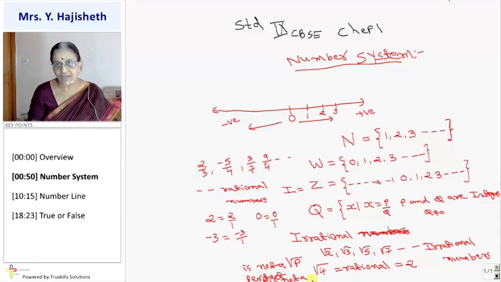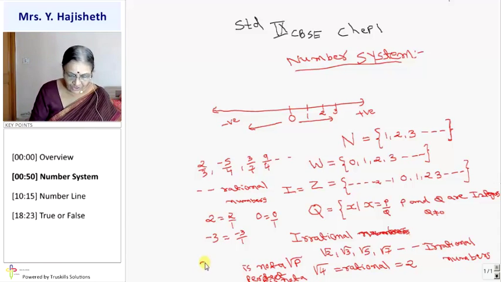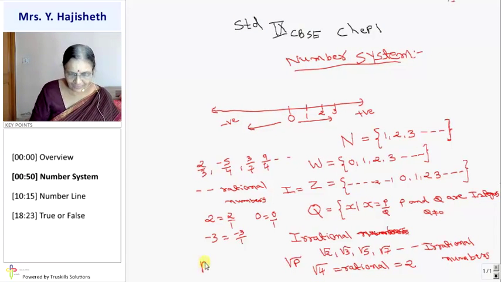So all rational and irrational numbers together are called R. R is a set of real numbers, a collection of real numbers.